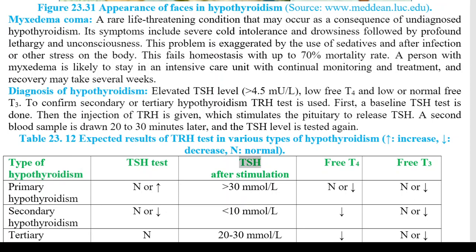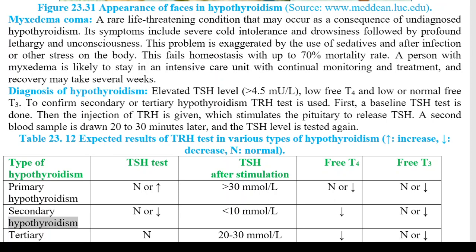TSH after stimulation, free T4, free T3. Primary hypothyroidism: N or upward arrow, greater than 30 μ/L, N or downward arrow. N or downward arrow.